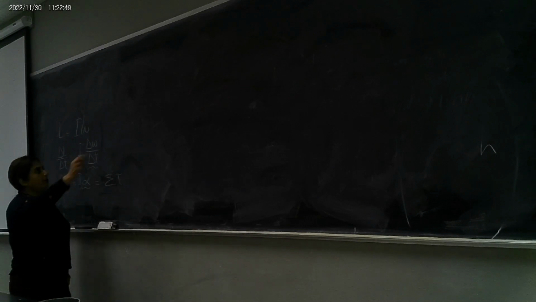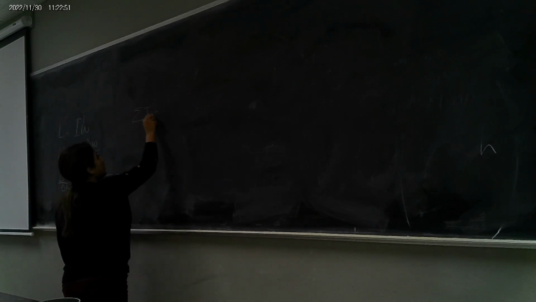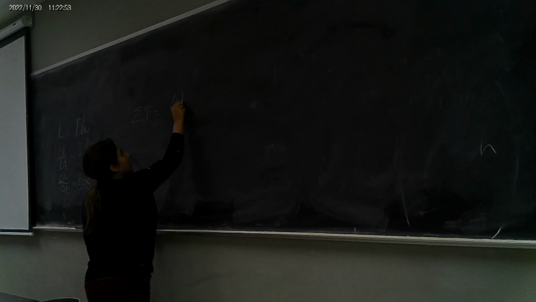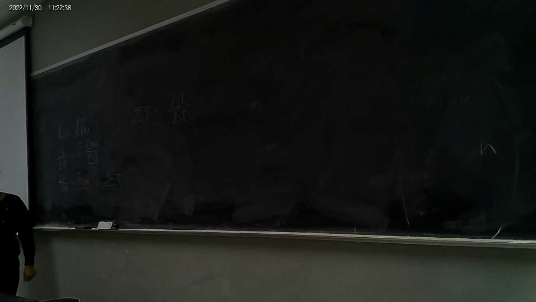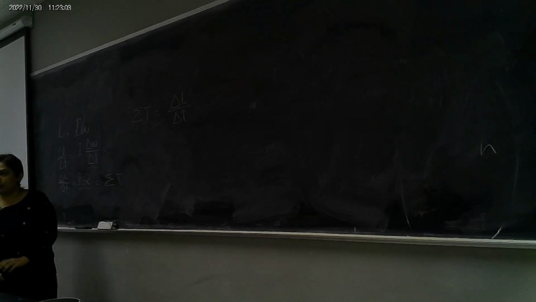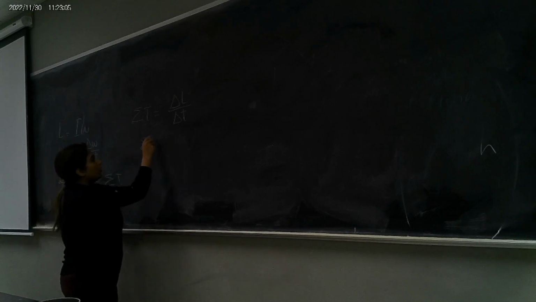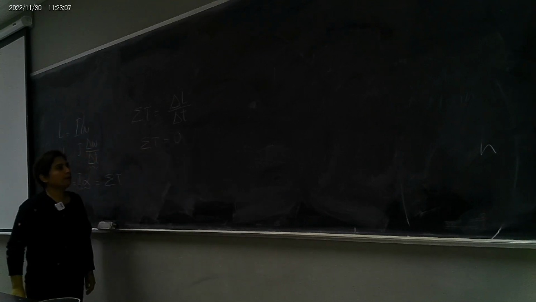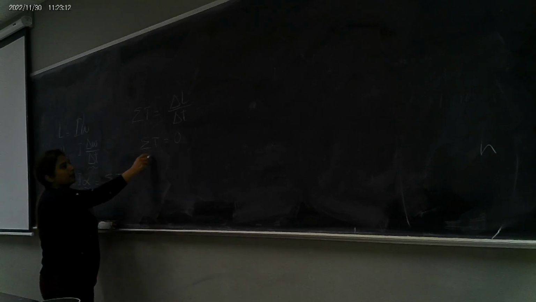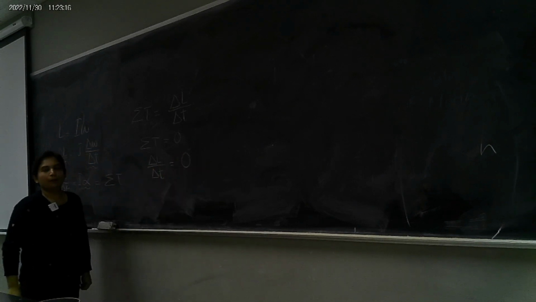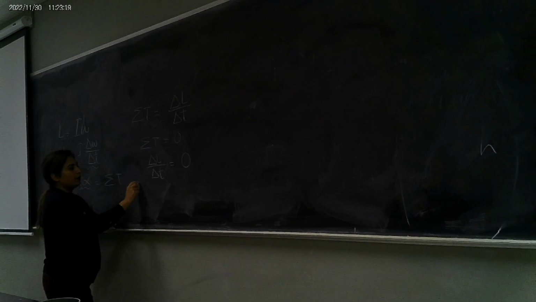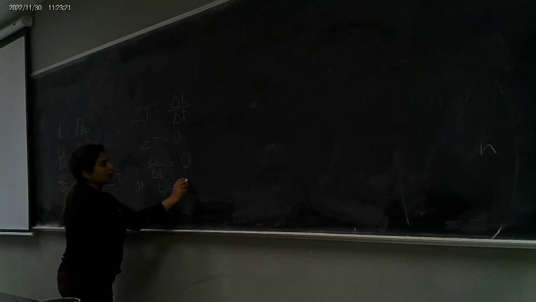So that means the net torque is equal to delta L over delta T. If there is no net torque acting on the system, if this is zero, if there is no external force acting on it, then delta L over delta T would be equal to 0. Or you can say L is equal to constant.